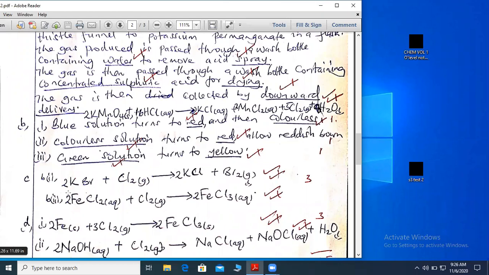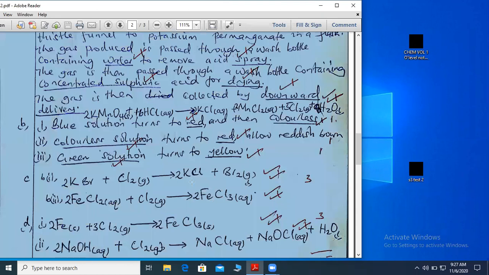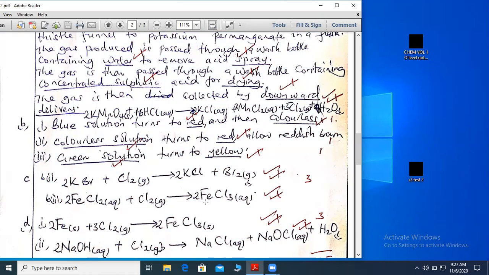Then for part 3, we wrote this equation, remember: iron 2 chloride plus chlorine will form iron 3 chloride. So iron 3 chloride means iron is using the valence of 3, and chlorine uses a valence of 1.